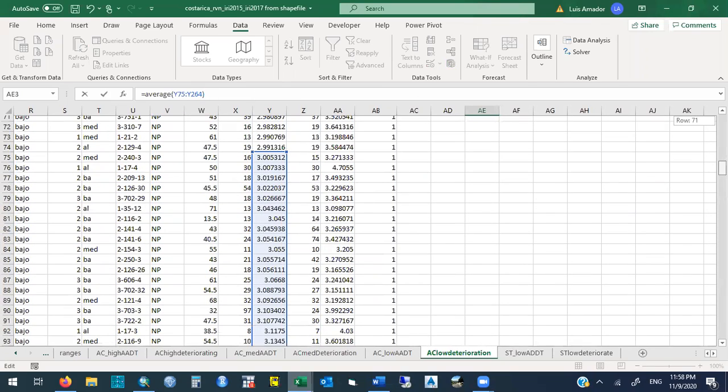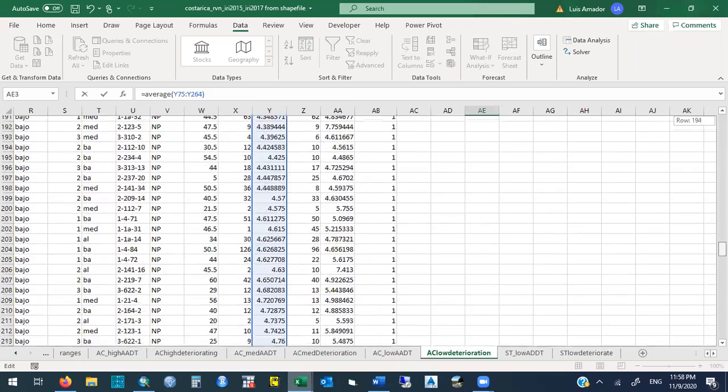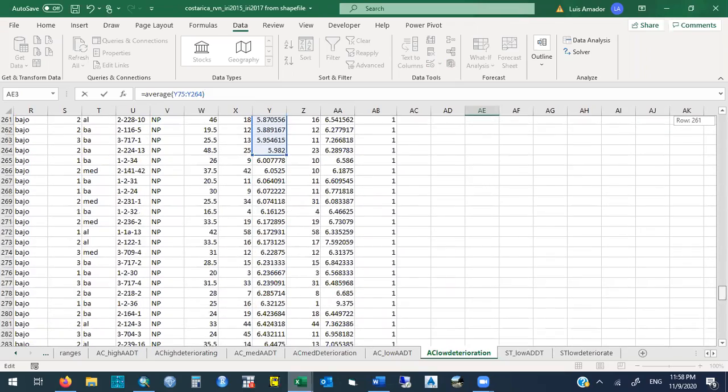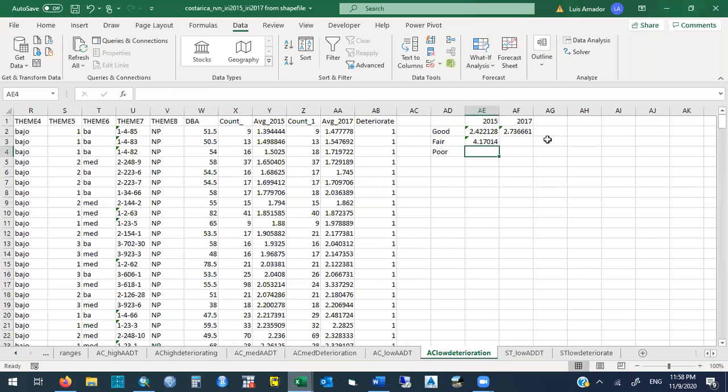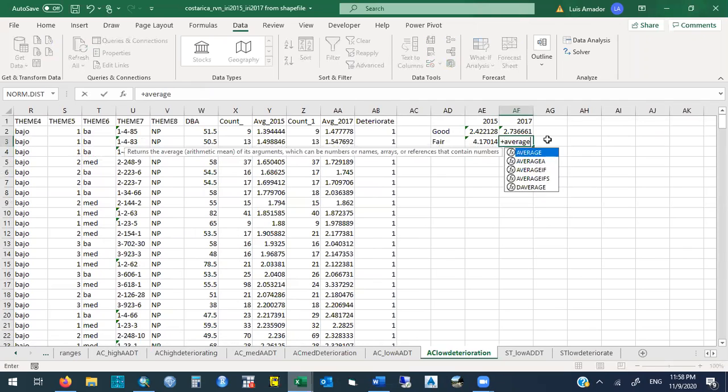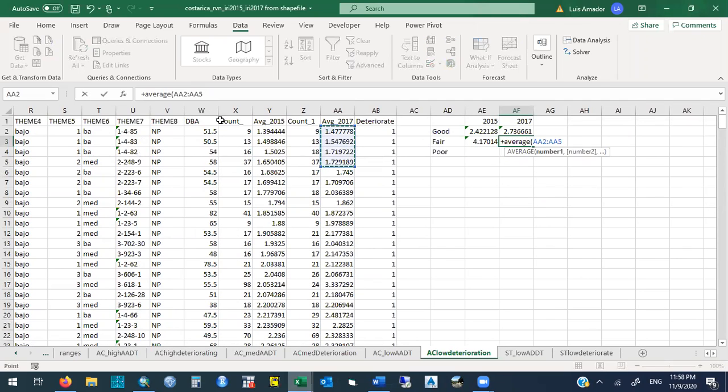Okay, just in case you didn't believe me, 75 to 264.